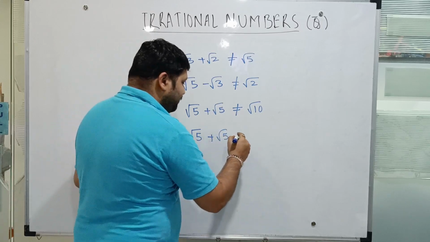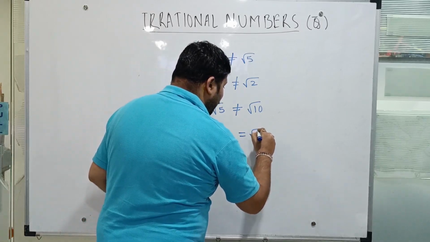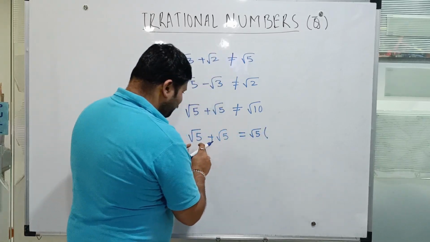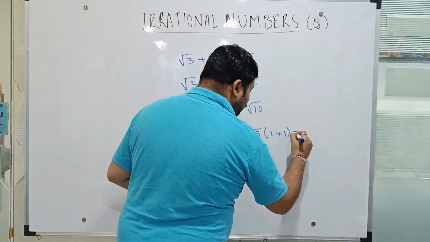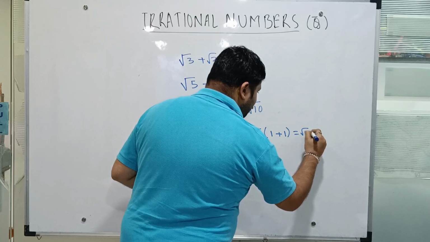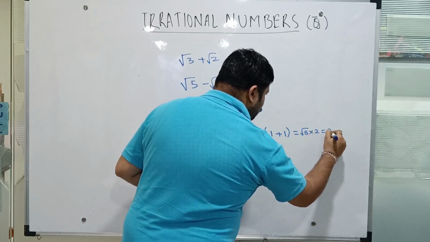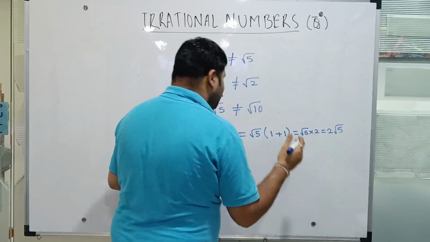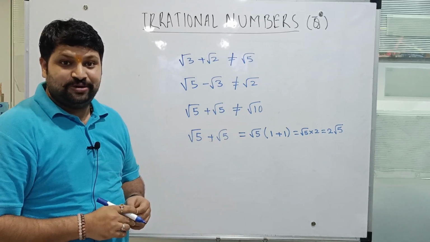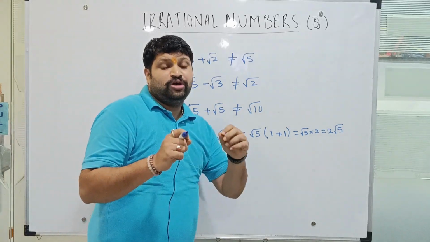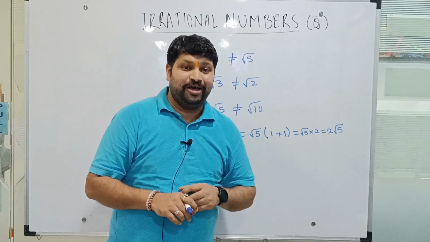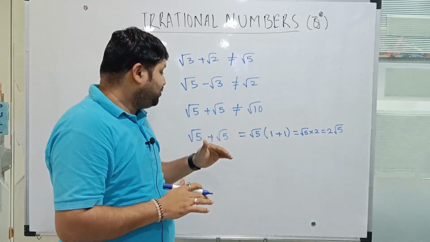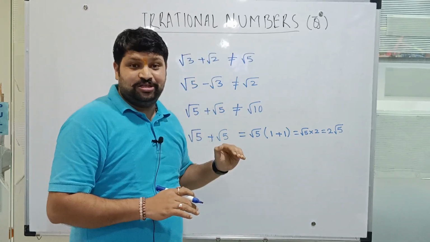So I can take root 5 common, and there would be 1 remaining here plus 1. So that would be root 5 multiplied by 2, or 2 root 5 will be my final answer. So this was about the operations that we cannot do with irrational numbers as far as we are considering the addition and the subtraction.